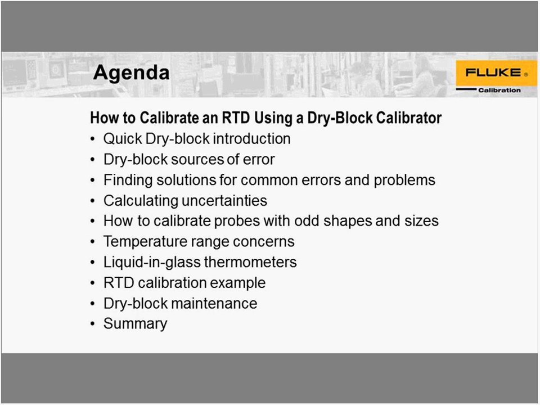We're not going to do any deep dive on that today, but again, just a quick overview of a couple of methods. And then different concerns, liquid and glass thermometers, and then dry block maintenance are some of the ones we'll be going through. So I hope to give you a good overview.